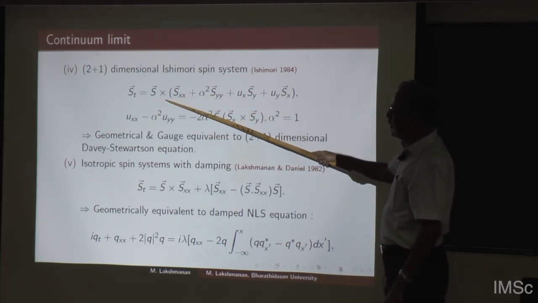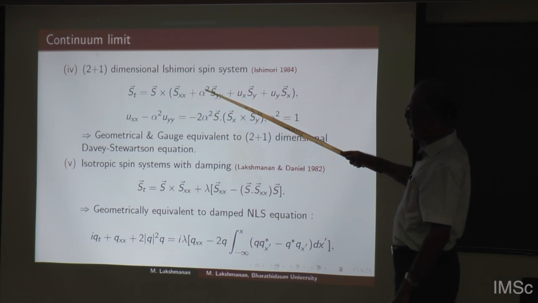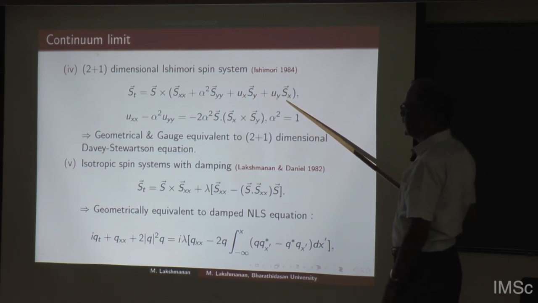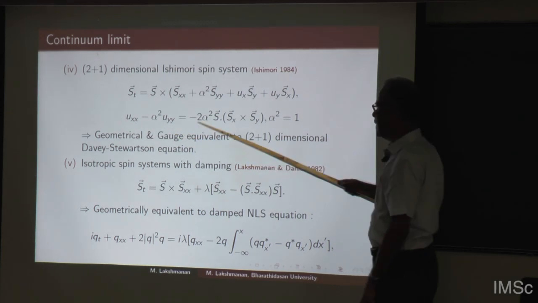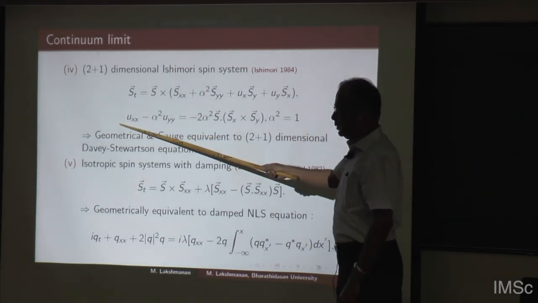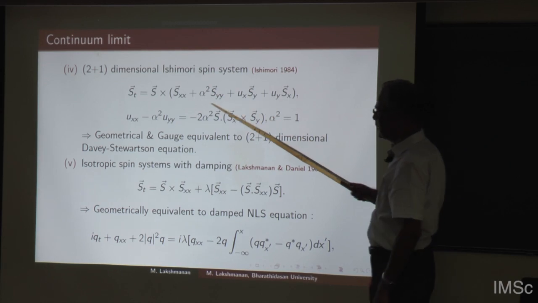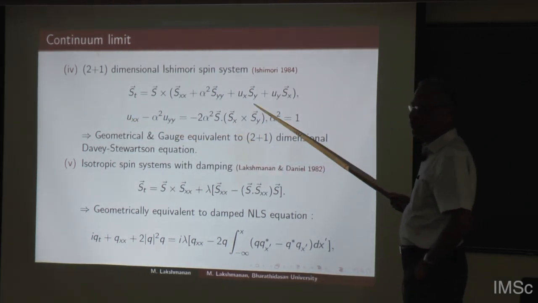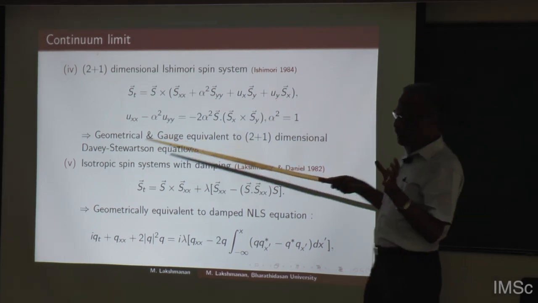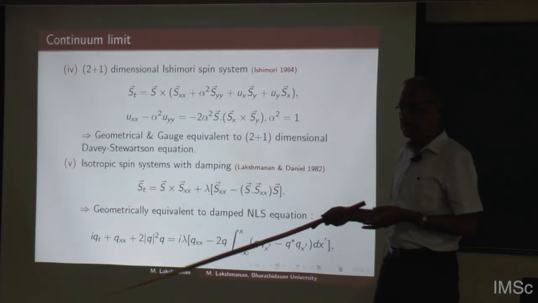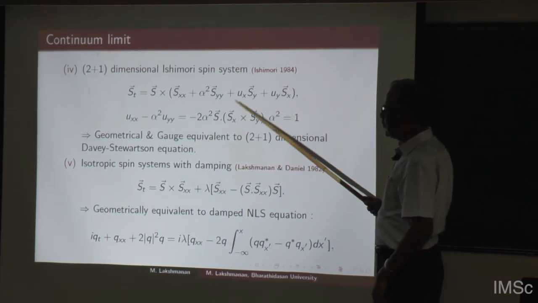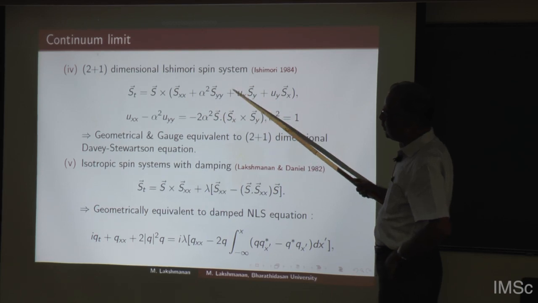So you have S vector product S_xx plus alpha squared S_yy plus you introduce a scalar field, u_x S_y plus u_y S_x. Then u itself satisfies, it's not an evolution equation, but it's a scalar potential, one can say. It's a potential equation it satisfies, as if the energy is injected from infinity into the system. So that kind of system has been shown to be completely integrable in 2 plus 1 dimension.